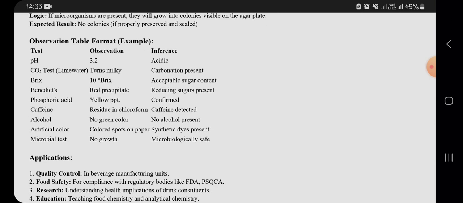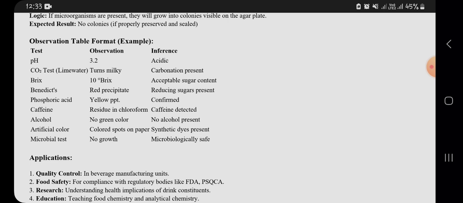Observation table format. For example, test is pH test, its observation is 3.2, inference acidic. Next one is carbon dioxide test, which turns milky, carbonation present. Brix, 10% Brix, acceptable sugar content.